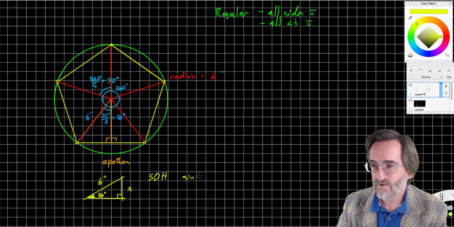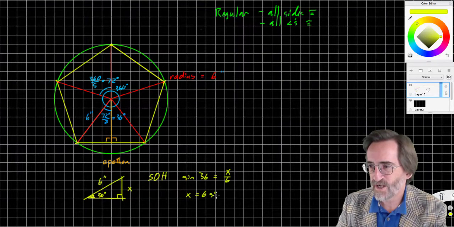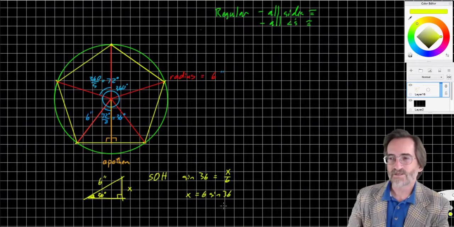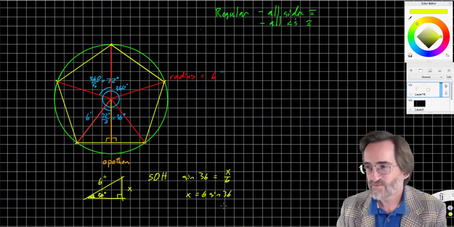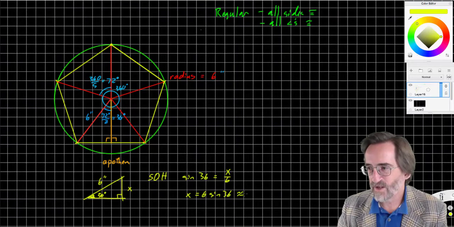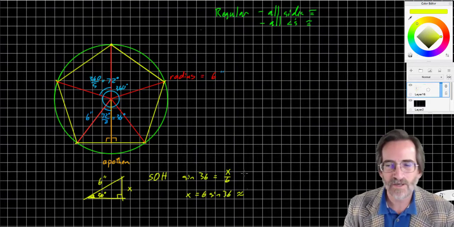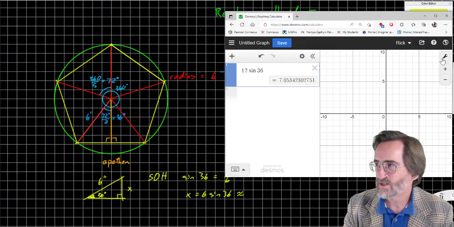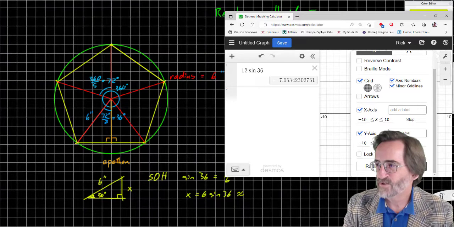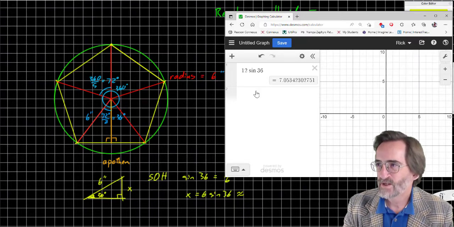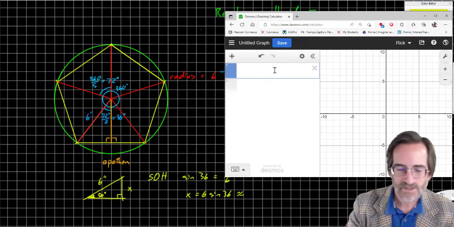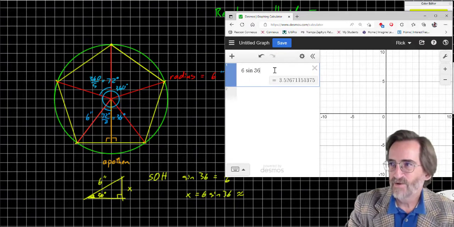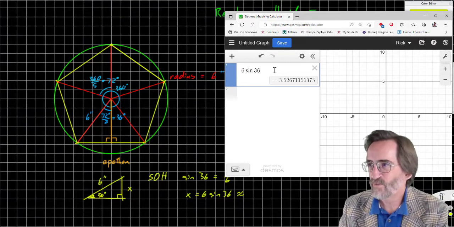So sine of 36 equals x over 6. Multiply by 6, and x equals 6 sine 36. We can get an approximation using Desmos here. Do remember, when you're working with Desmos with sine, cosine, and tangent, click the wrench tool and make sure you've selected degrees and not radians. So 6 sine 36 gives me a side length of 3.5.